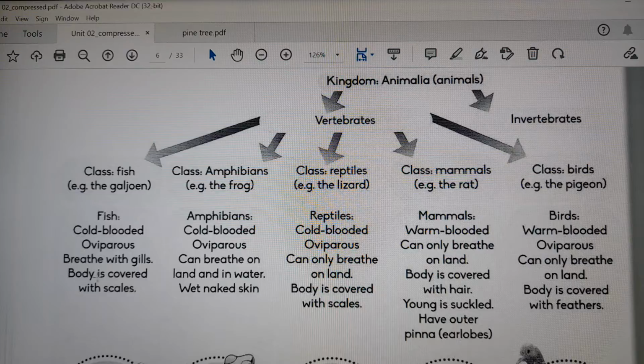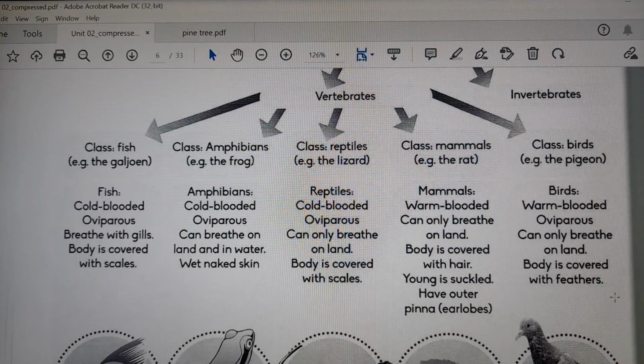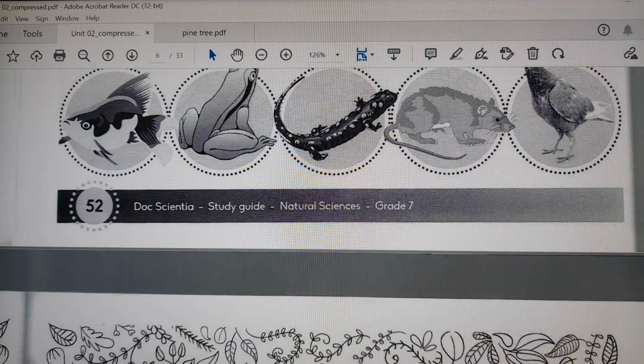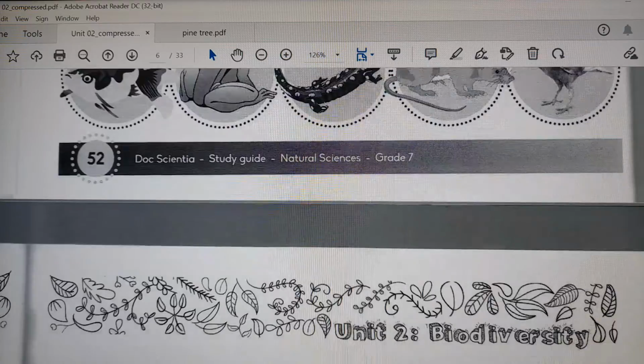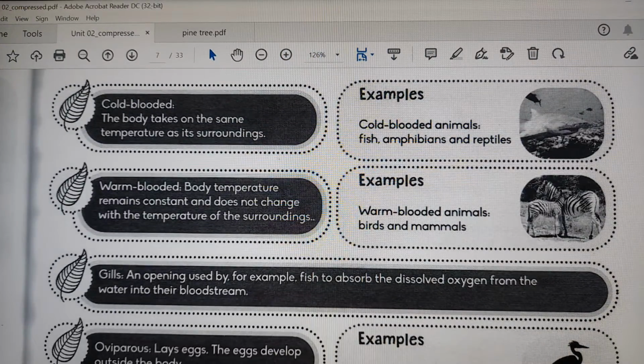We have learned the characteristics of a fish. And we came across new terms: cold-blooded, oviparous, gills, and we did not explain them in the previous lesson. Actually, we did, but towards the end, we did not explain. So I just want us to look at those terms again, just quickly.